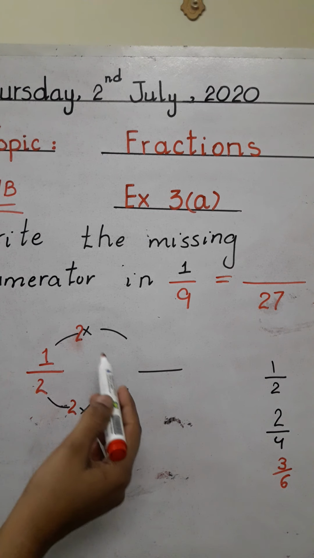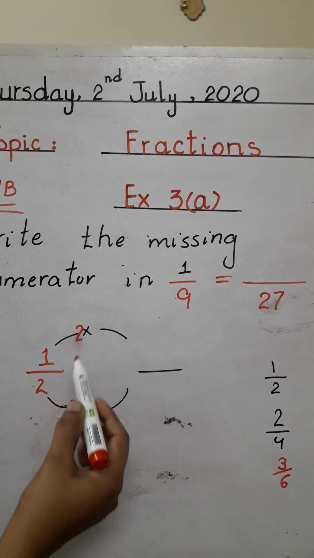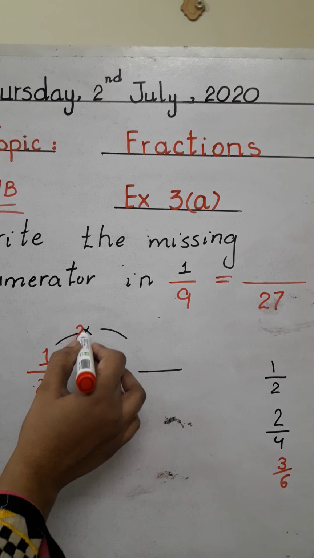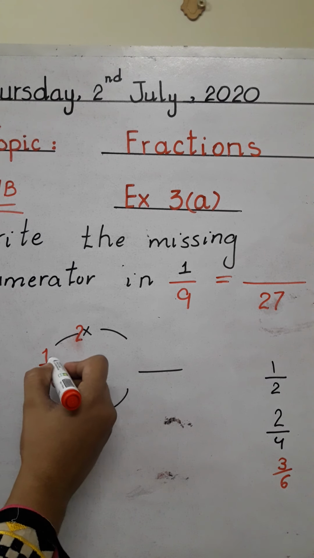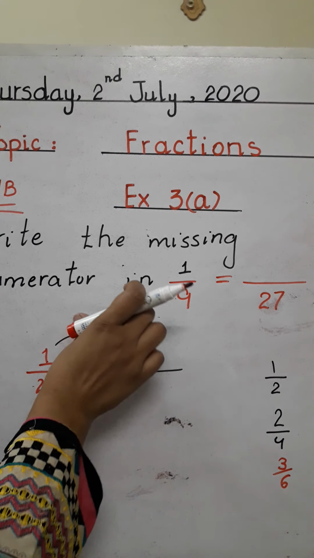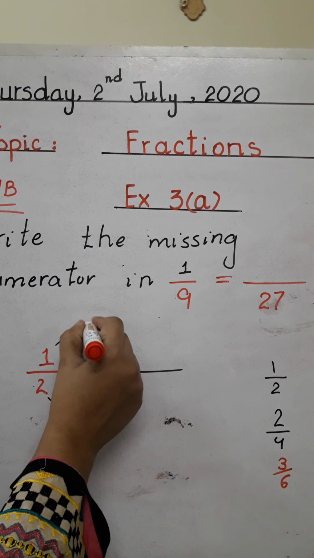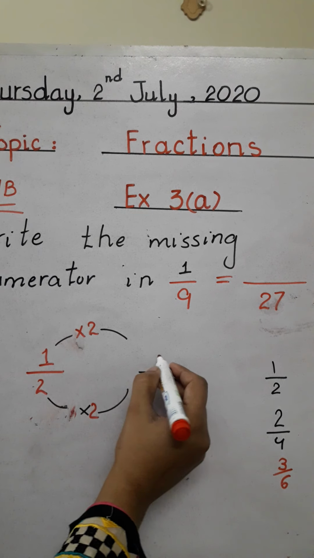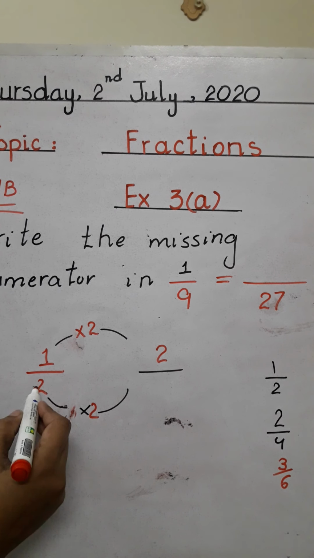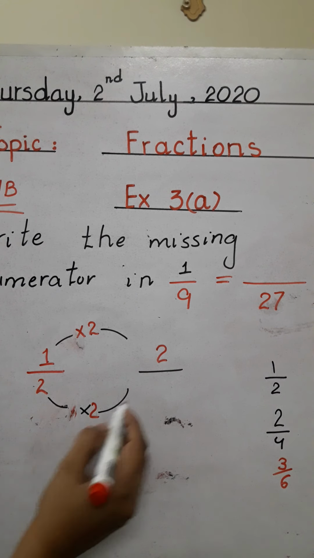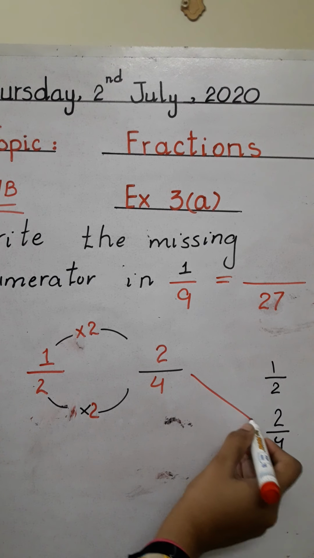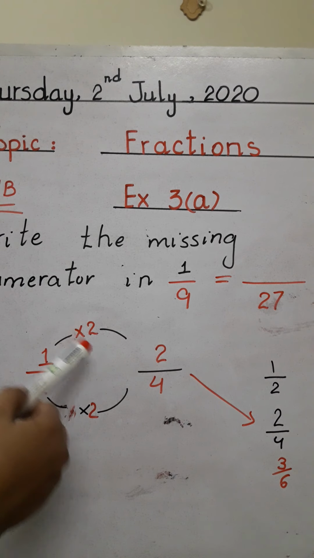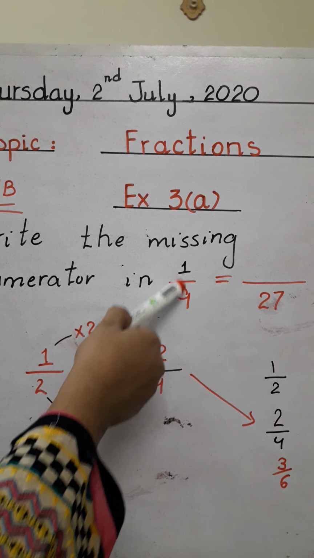So I will multiply both the numerator, top number, and the bottom number with the same factor. So 1 times 2 is 2, and 2 times 2 is 4. This is our equivalent fraction. This is the example, and let's move to our question.